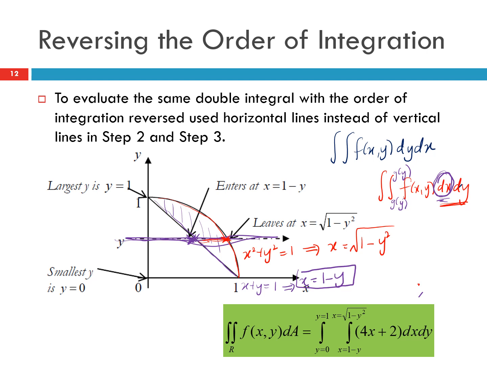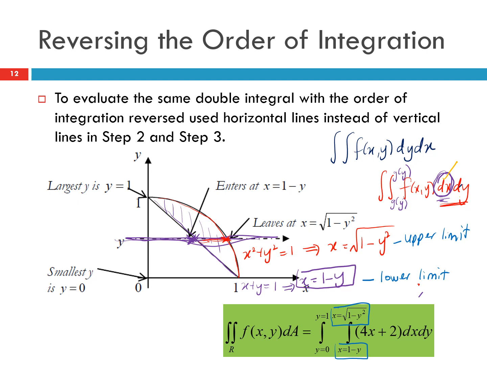Okay, so this one will be the upper limit, and this x equal to 1 minus y will be the lower limit. Okay, here this is the upper limit, and this is the lower limit. So alright, settled for the x.